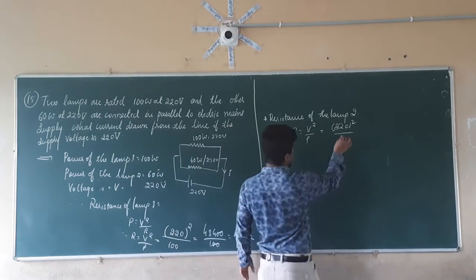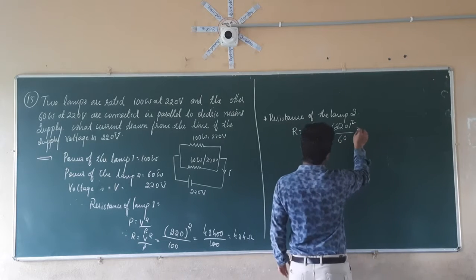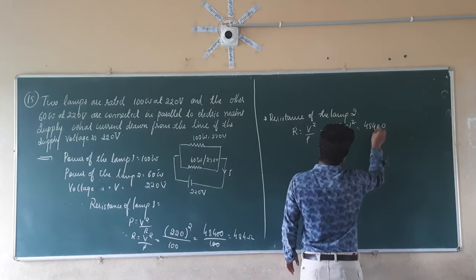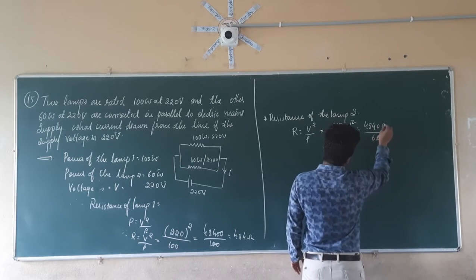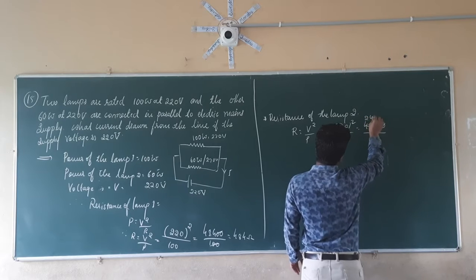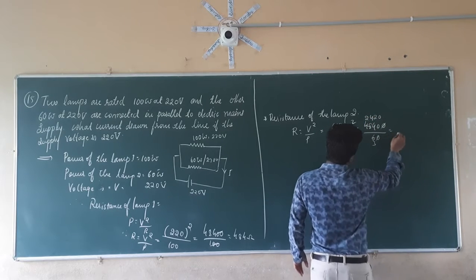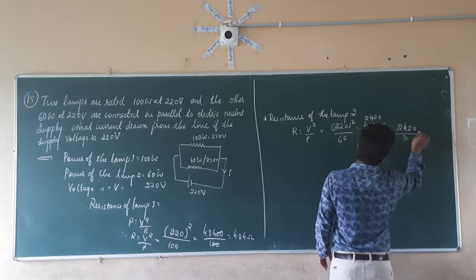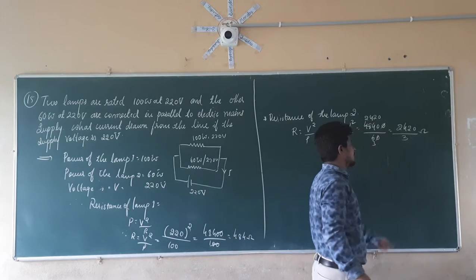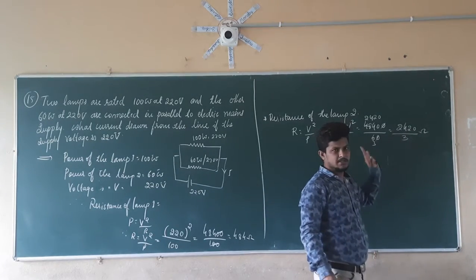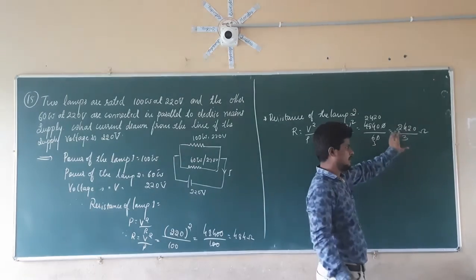So it is equal to 48400 divided by 60. The zeros get cancelled. 2 3s are 6, 2 4 2 0. So it is equal to 2420 divided by 3 ohms. Since we are not getting a zero at the end, it is not possible to divide 2420 by 3 exactly, so I am going to keep it as a fraction only.